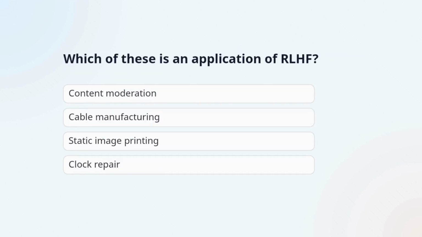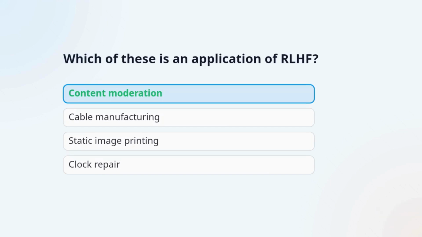Question 3. Which of these is an application of RLHF? The correct answer is content moderation. RLHF is used in content moderation to improve judgments based on human reviewer feedback.